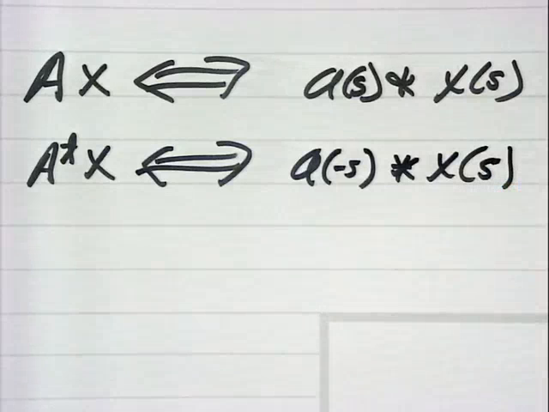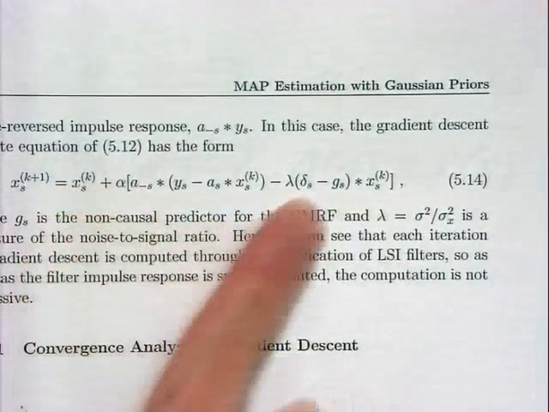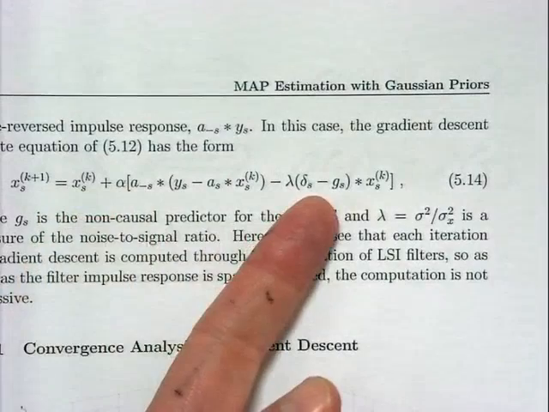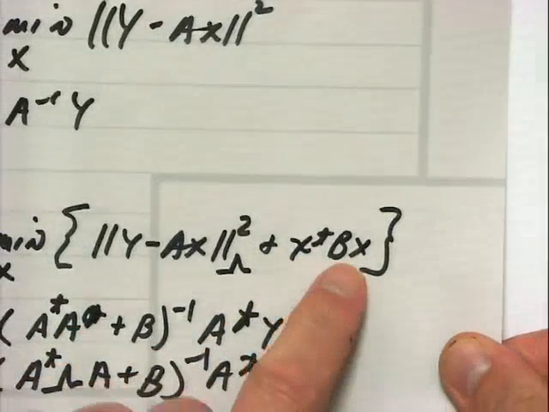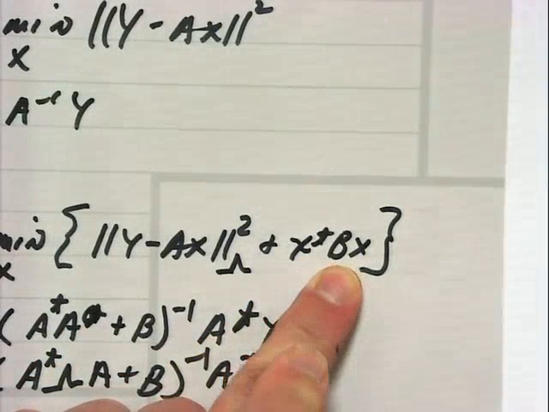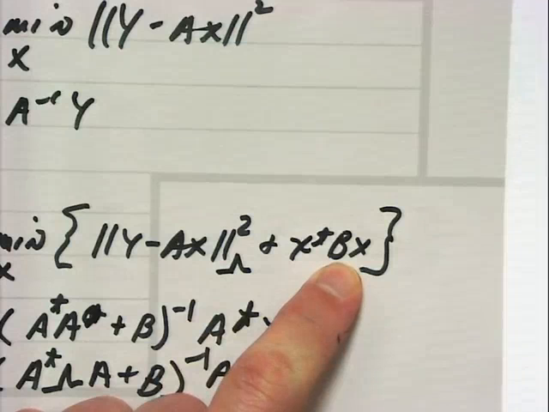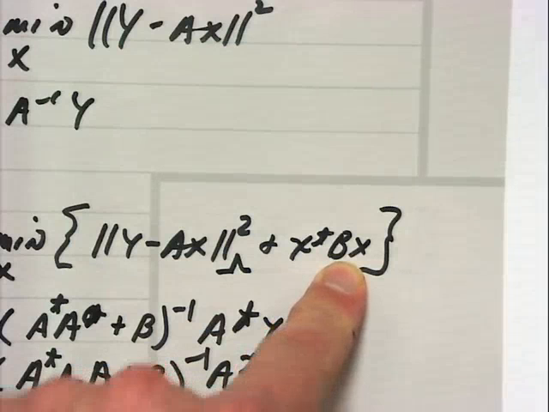It's really a beautiful thing. So it's kind of nice to have this intuition. This then becomes a gradient descent operator. And actually, you can see what's going on here, because remember B, let's say that this matrix B is going to be the inverse covariance, the precision matrix for a non-causal Gaussian Markov random field.